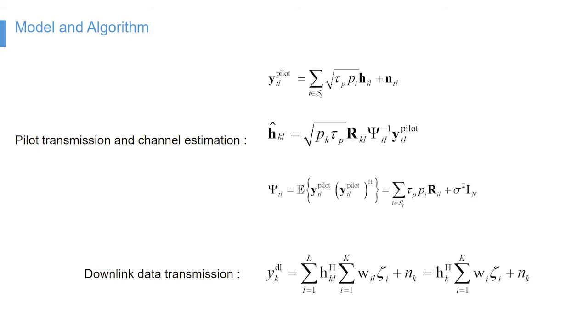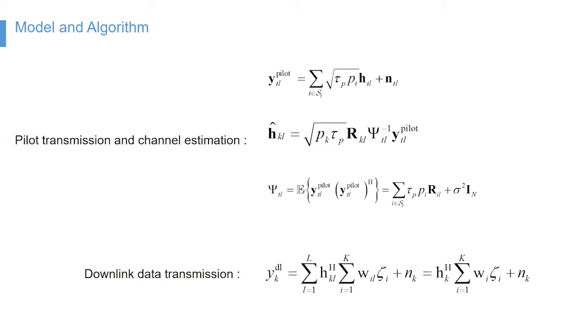Suppose there are p mutually orthogonal pilot signals of length tau p, where tau p is independent of K. When UEs access the network, they are allocated pilots. When these UEs send pilots, the received signal at the AP is as above.